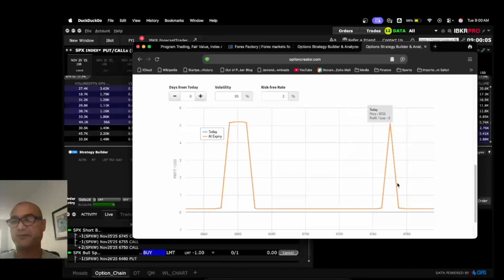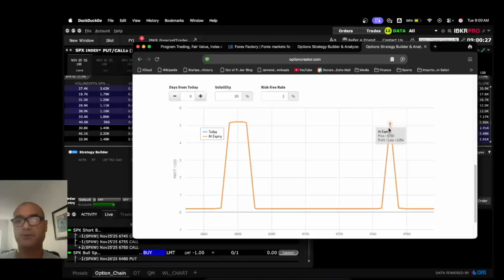And again, if I can peel off this butterfly for anywhere between, let's say, 70 cents and $1, the multiplier of 100, that would be $70, or $100. So the vertical spread is the multiplicand, and the multiplier is 100 on SPOOs.